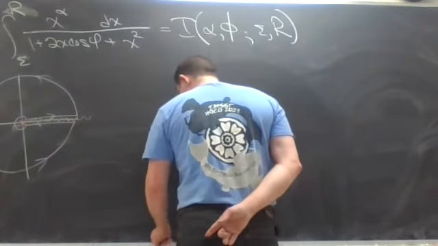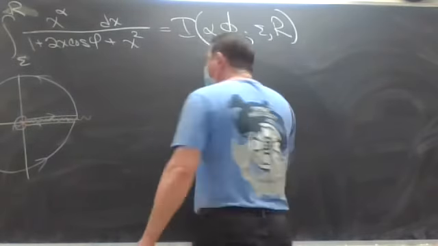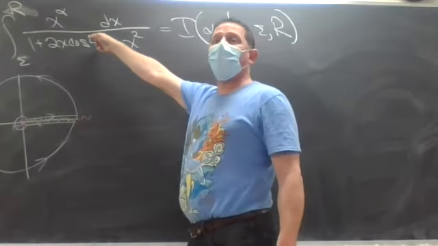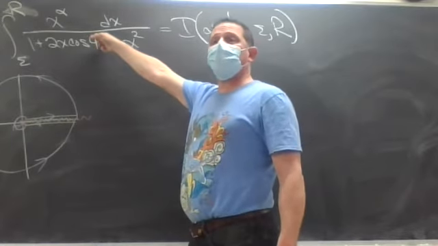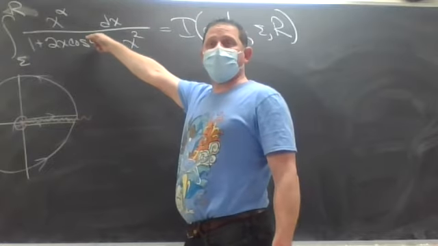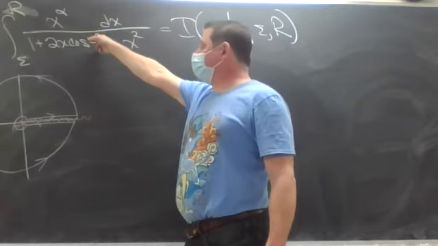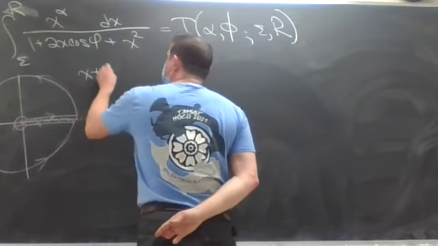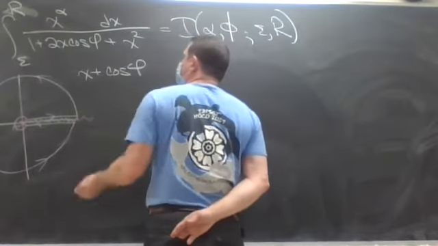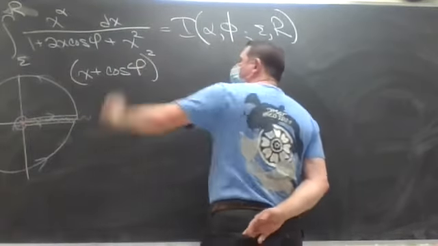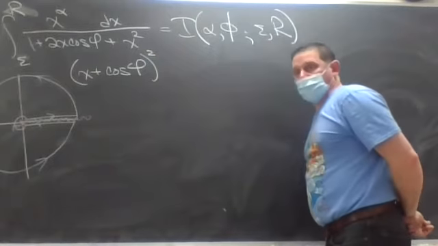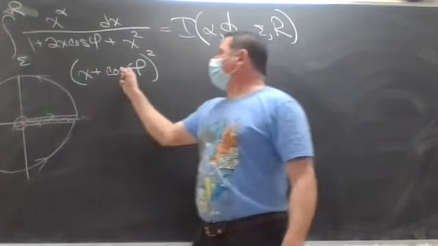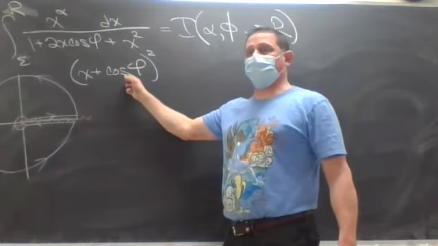I'll have problem points wherever the denominator is 0. I'm going to complete the square because that will be an effective way to treat this denominator. This is going to be x plus cosine phi squared, right? And then I had a plus 1, and I didn't have a plus cosine squared phi.